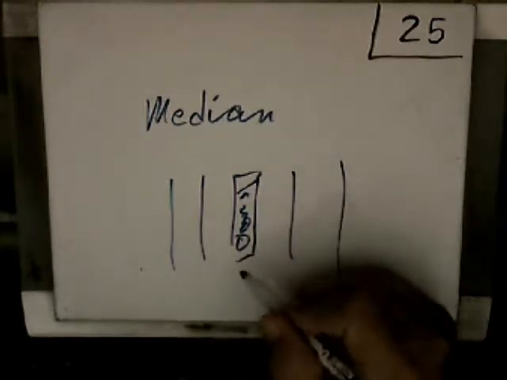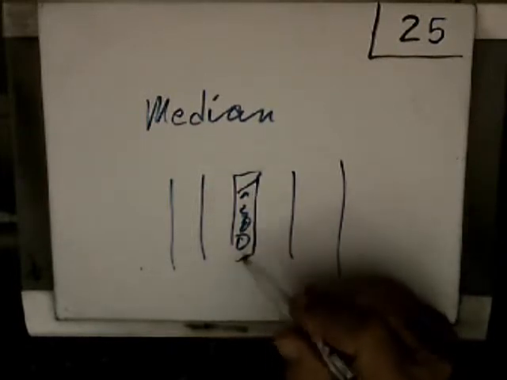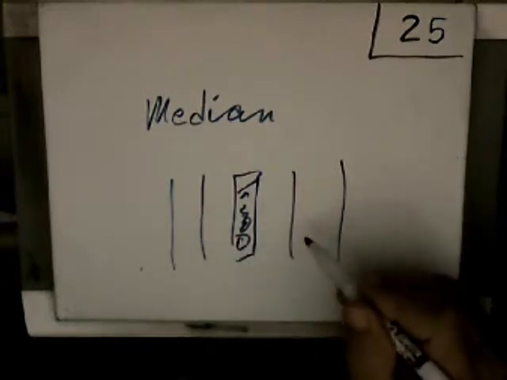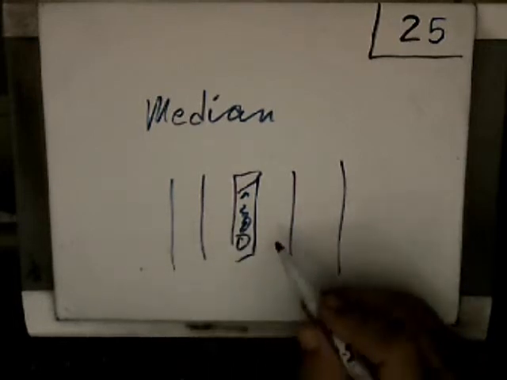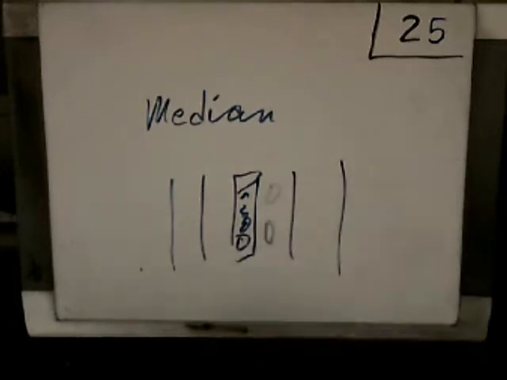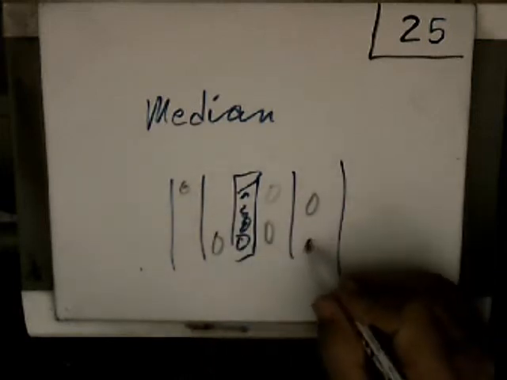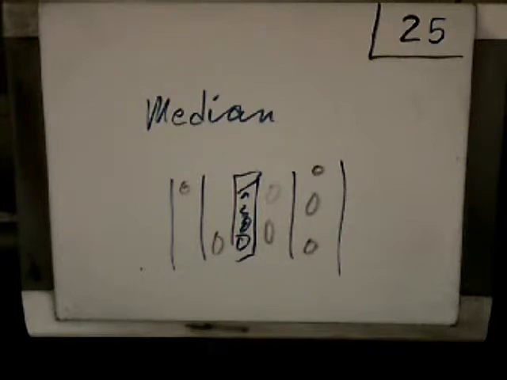There's this portion in the middle that is, I don't know, shrubs, flowers, cement, some kind of doodle by the construction group, but it keeps the lanes apart. This does not move left or right no matter how much traffic is on here or how little traffic is on here. The median is still in the middle. We kind of use that concept in terms of the median value.